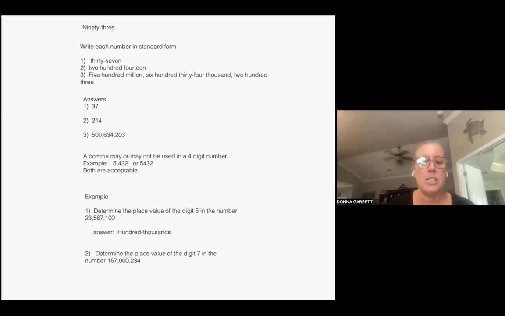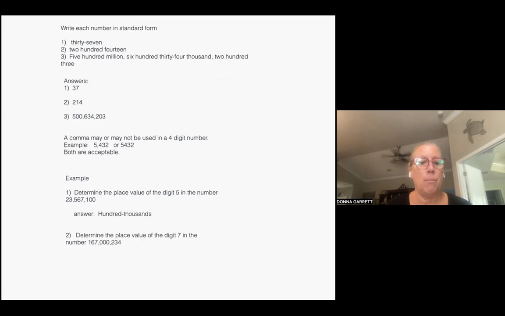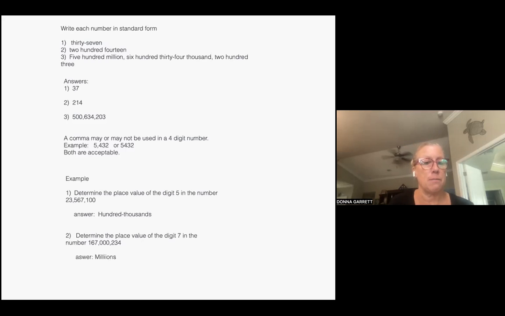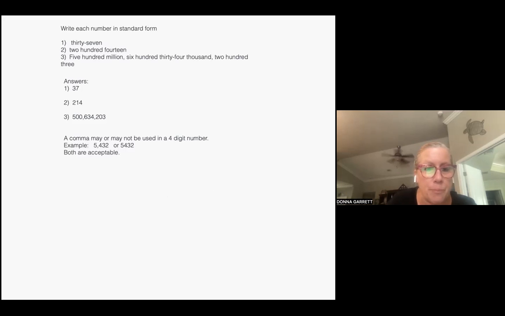Determine the place value of the digit 7 in that number. I don't want to say that either. I'm going to see if you know what it is. So that 7 is in what place? Think about it for a minute. The answer would be millions. It's a millions place. I think I put two I's in millions, but okay.